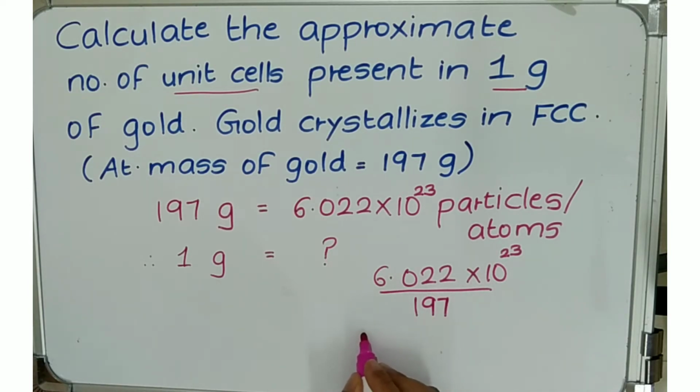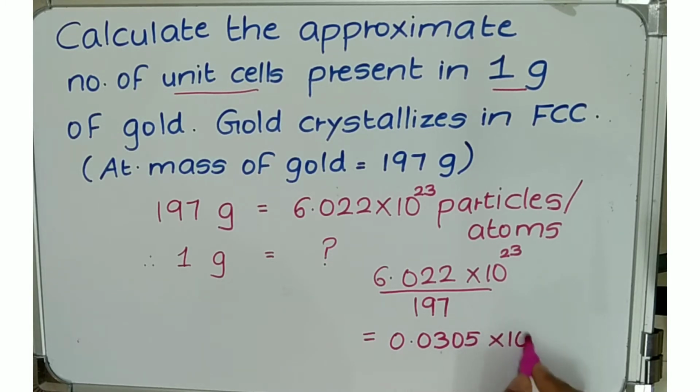So if you divide this, the answer is 0.0305 into 10 to the power 23 atoms. Correct? So you have found the number of atoms.